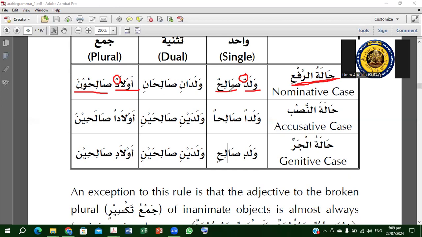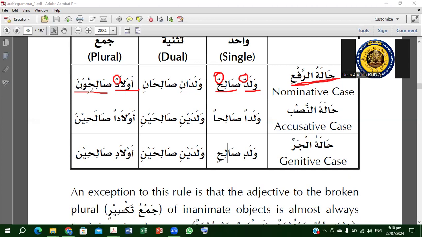Fine. Now salih is singular here, so we have to make it plural. So salihuna, this is now the sound plural. In singular we can see dhamma, but here we can't see dhamma, right? Why? Because this is sound plural.